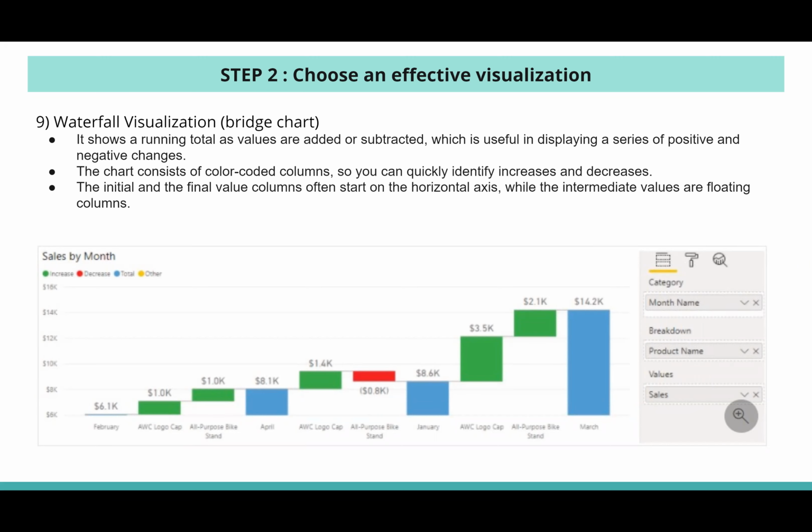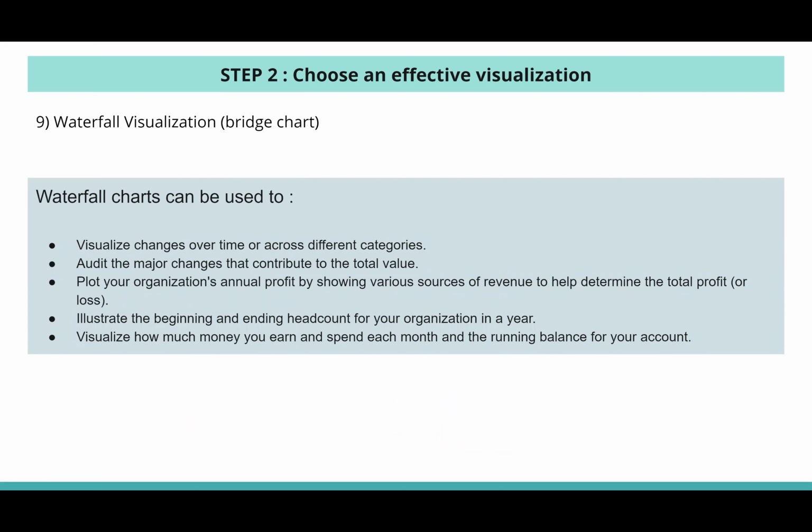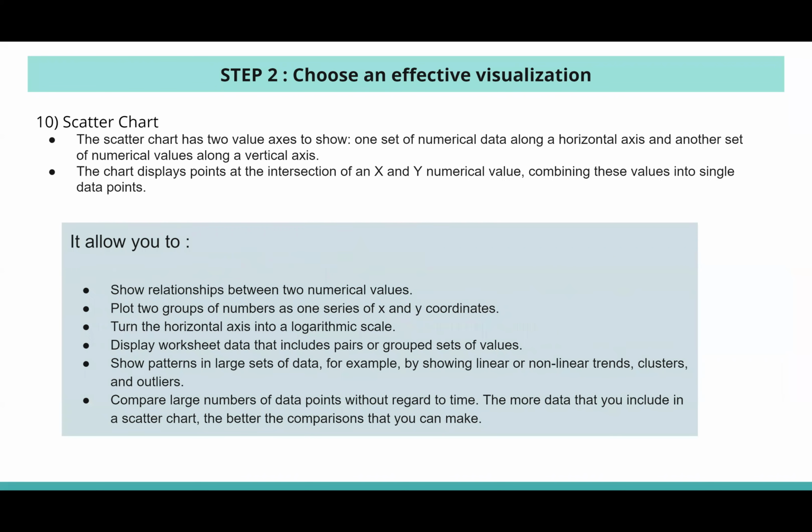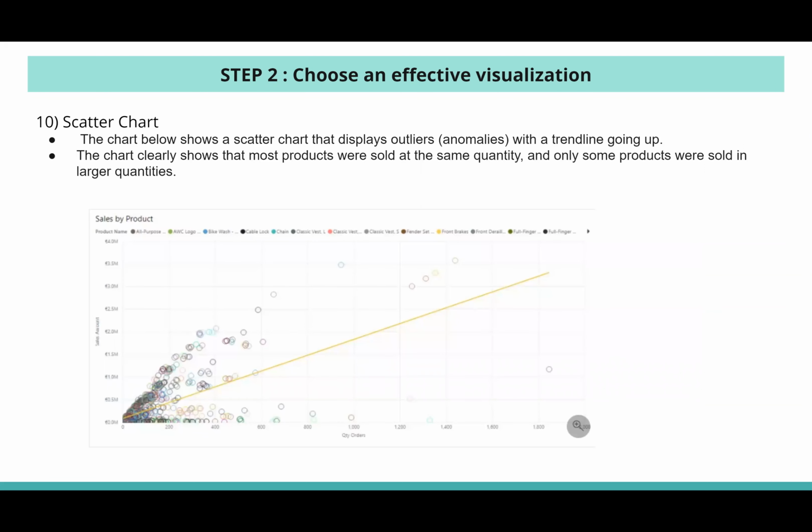Okay, so the next we can proceed with the scatter chart. I think you are familiar with scatter charts, because with this one you can show the relationship between a lot of items, and we could see which item is more popular to be sold in a certain period of time.